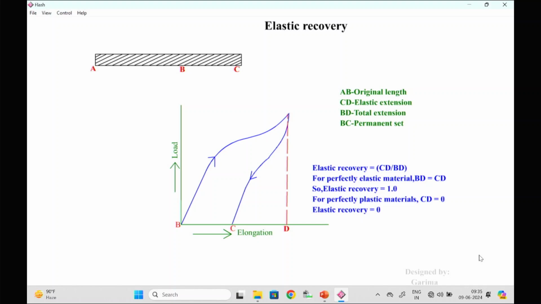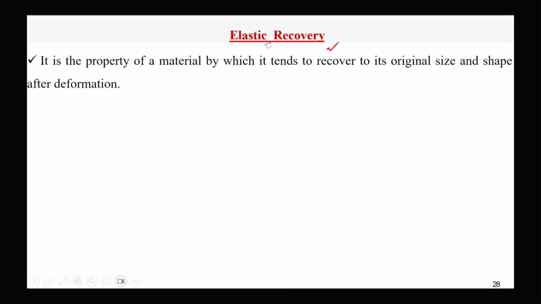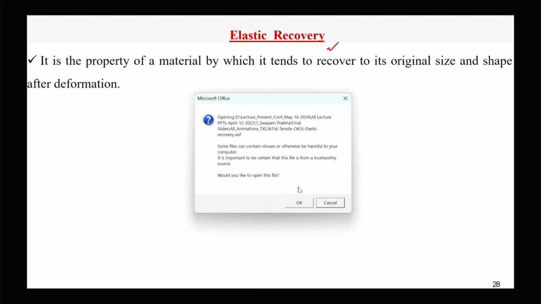And for a perfectly plastic material, that means there is no recovery. In that case CD will be 0, so elastic recovery in that case will be 0. So let us see the animation once again.